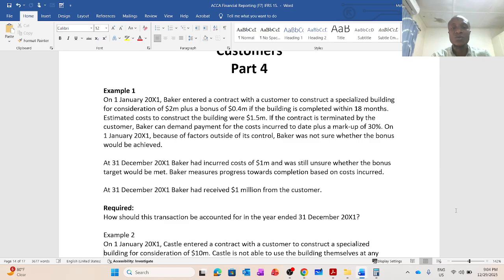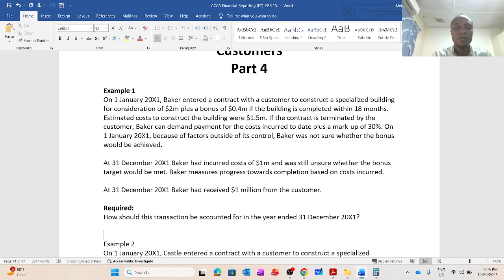Estimated cost to construct the building is 1.5 million. We need to note it down. Also, this is the cost to complete. If the contract is terminated by the customer, Becker can demand payment for the cost incurred to date plus a markup of 30%.